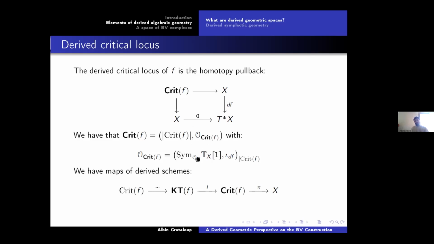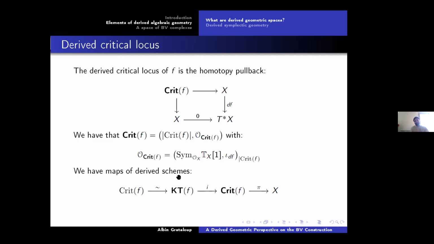And the sheaf of CDGA we obtain is the symmetric algebra of the tangent complex, which you can just think of as the module of vector fields shifted by 1, with differential given by the contraction with df, which sends a vector to a function.